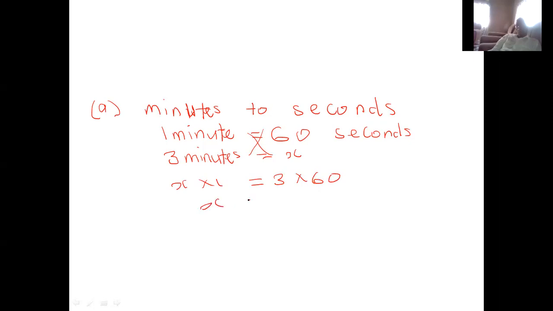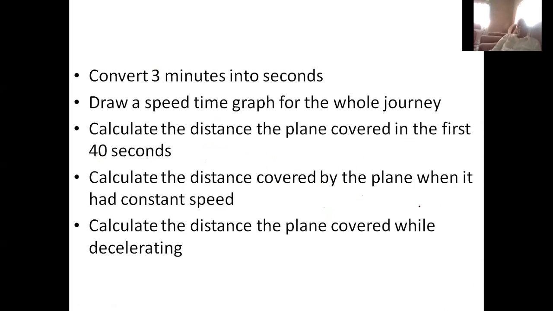And we can say x is equal to 3 multiplied by 60 divided by 1, which gives us 180 seconds. So we have converted these minutes to seconds.